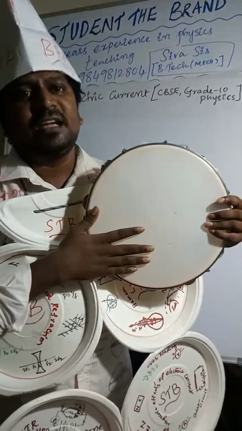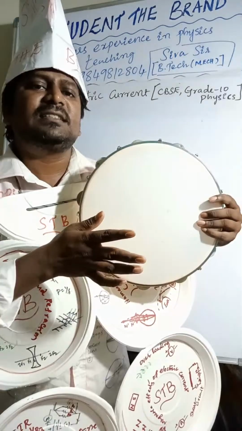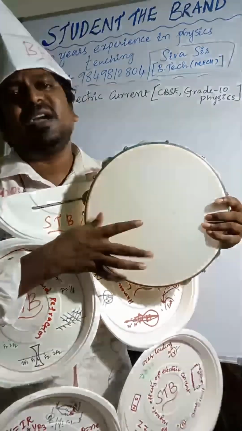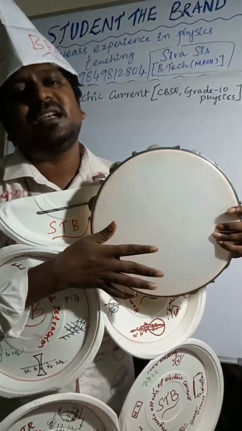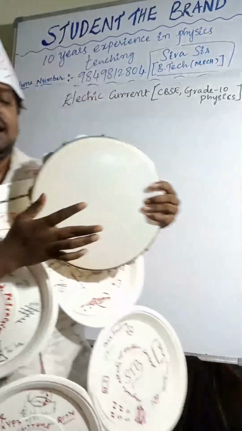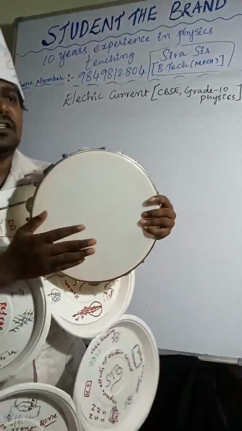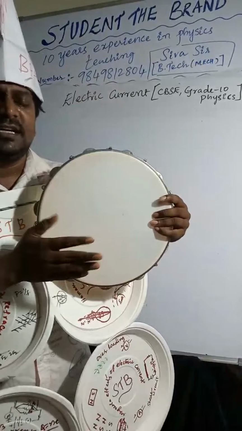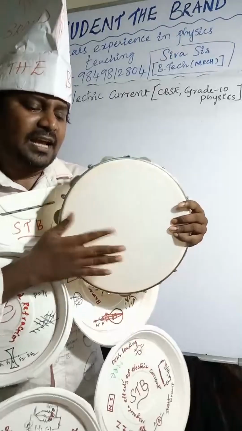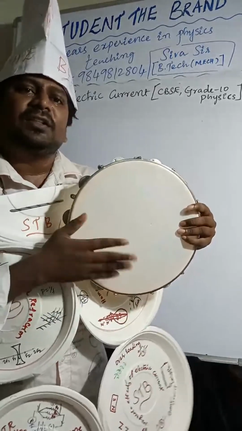Distance negative below the principal axis. New Cartesian sign convention, new Cartesian sign convention. All distance measured from the pole. Distance positive along the eccentric. Distance negative opposite to eccentric. Distance positive above the principal axis. Distance negative below the principal axis.